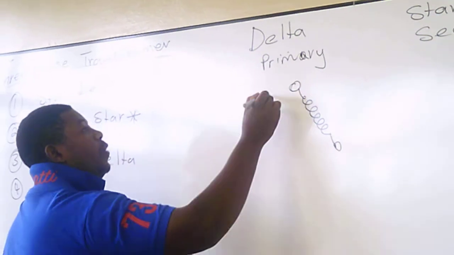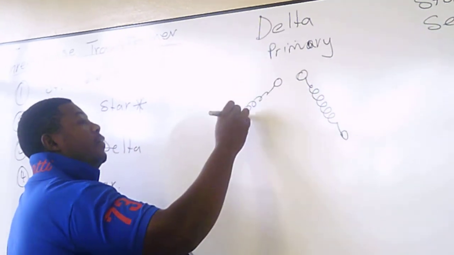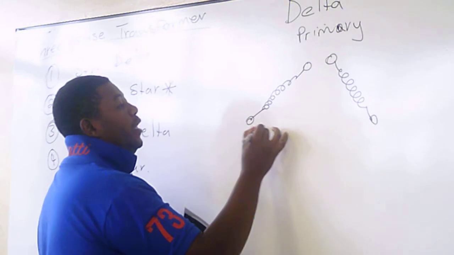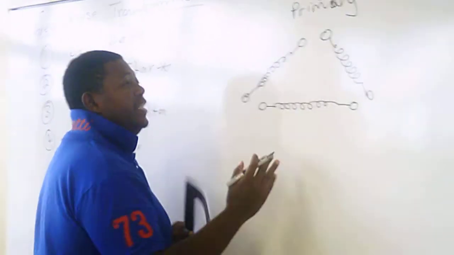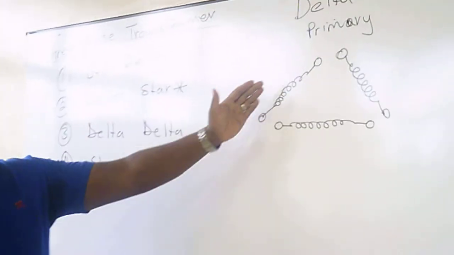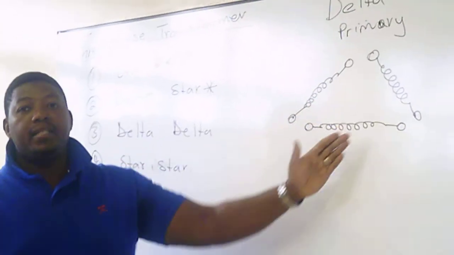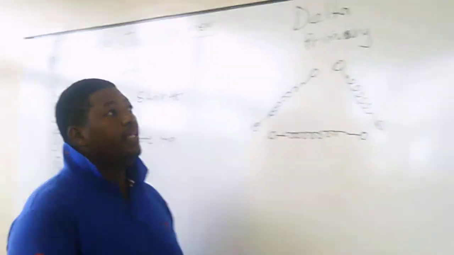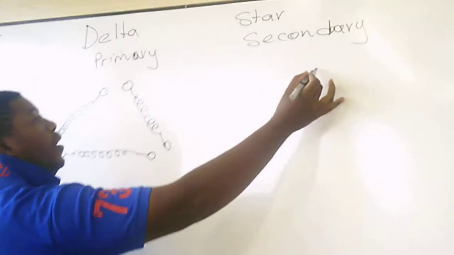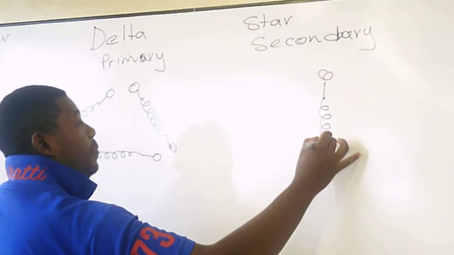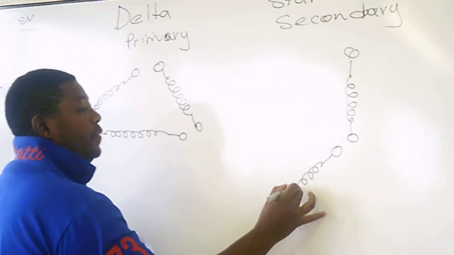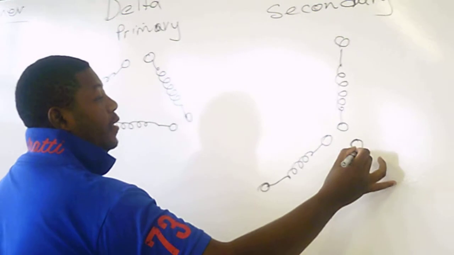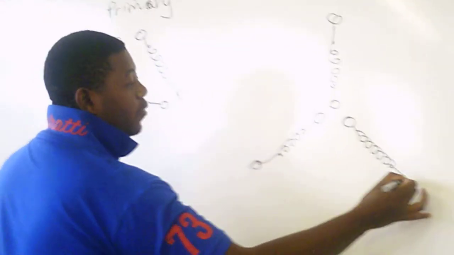This is the first coil, this is the second coil, and this is the third coil. Meaning that I've got three coils that are arranged in the form of a delta. Even when we go to the secondary side of the transformer, we also have three coils. We call this the star connection: the first coil, my second coil, and my third coil. You see that these are our coils.